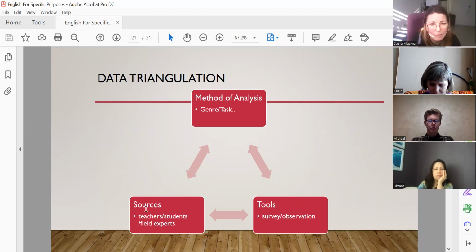This is like the holy trinity of course design. If you have all three, and if you have enough data on all three, then your course is likely going to be well designed.